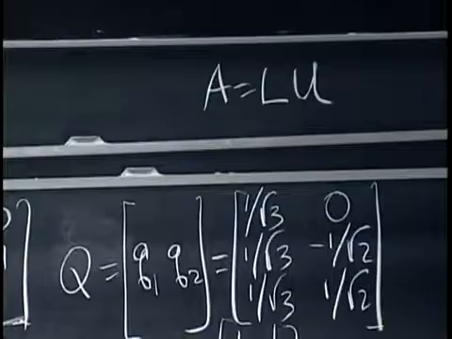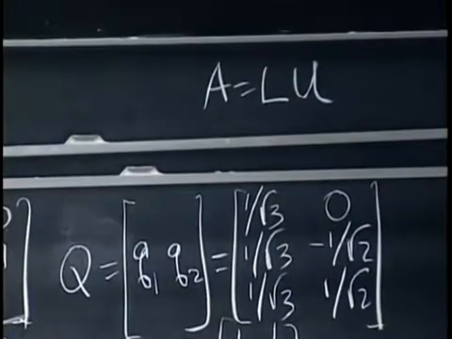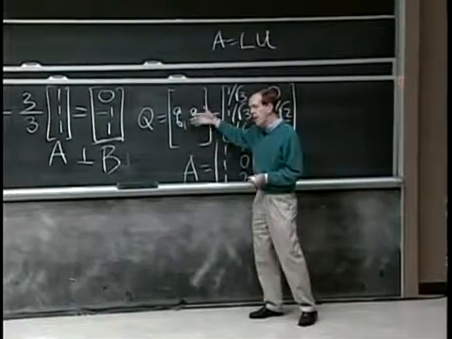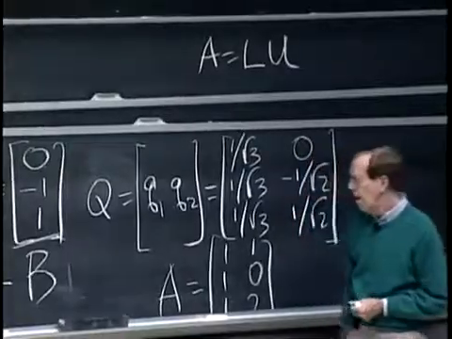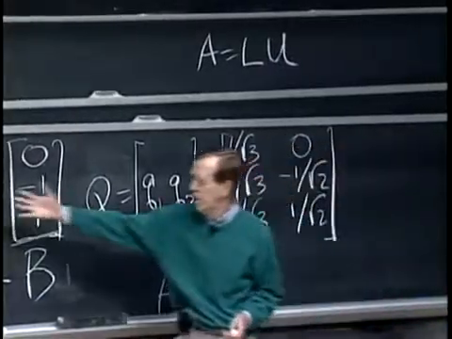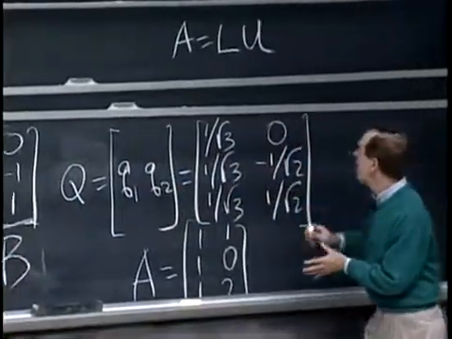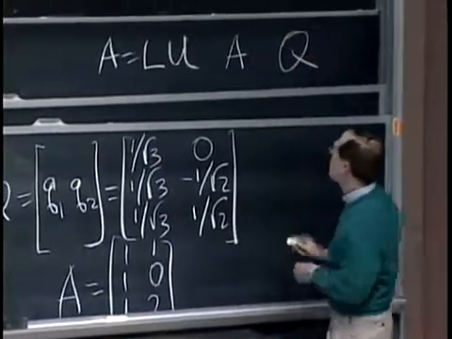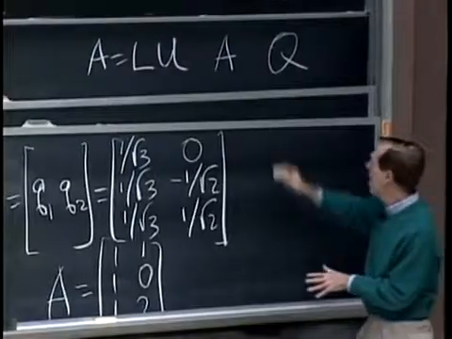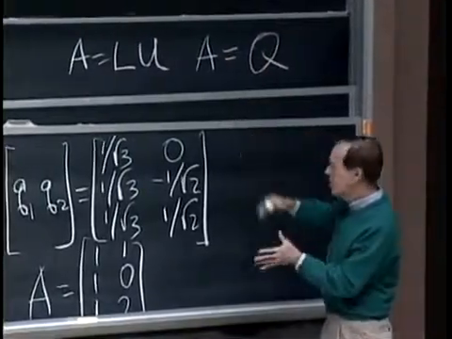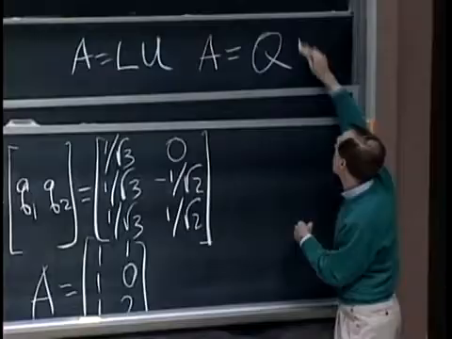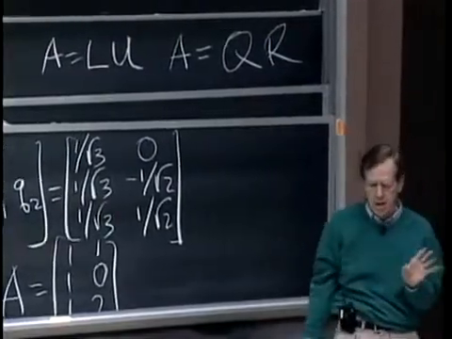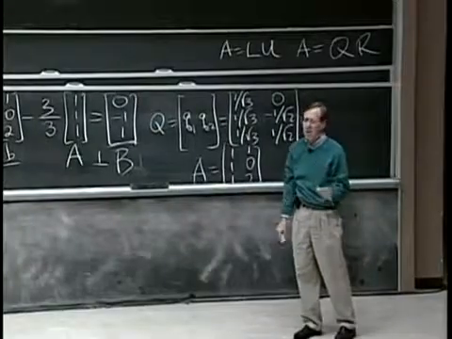Now I want to do the same for Gram-Schmidt. Everybody who works in linear algebra isn't going to write out that the columns are orthogonal or orthonormal, and isn't going to write out these formulas. They're going to write out the connection between the matrix A and the matrix Q. And the two matrices have the same column space, but there's some matrix taking one to the other, and I'm going to call it R. So A equals QR is the magic formula here.